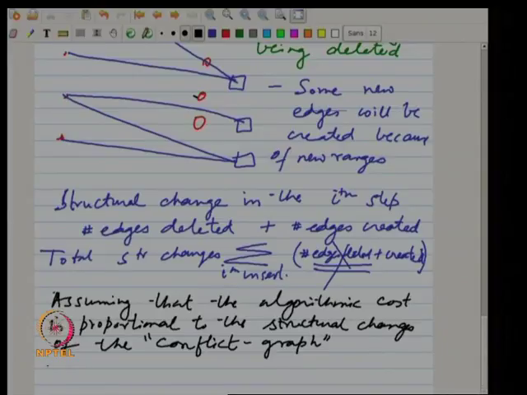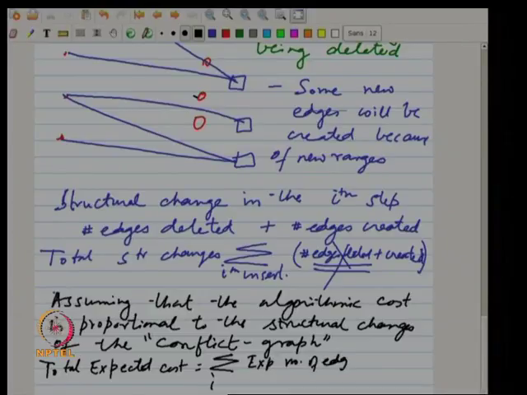Then we have that total expected cost is nothing but, over all I steps, the expected number of edges created in the ith step.